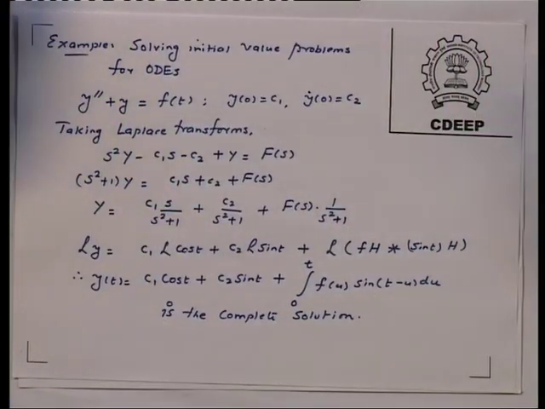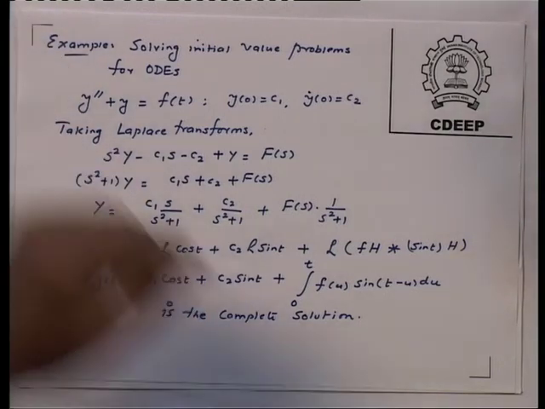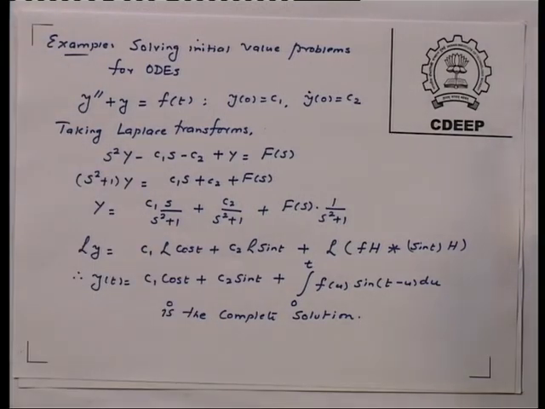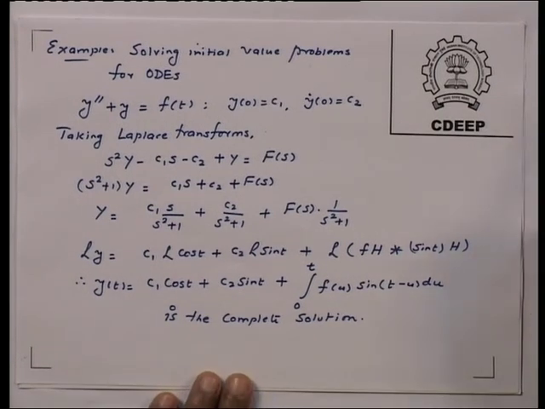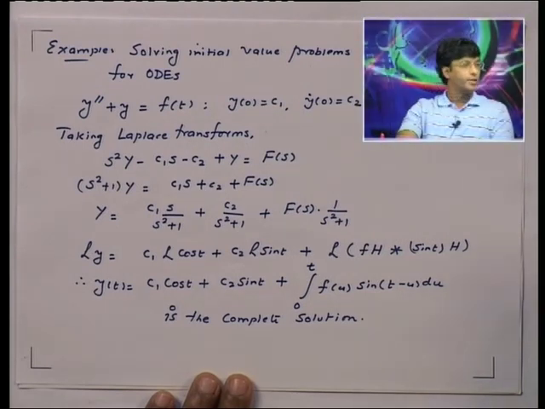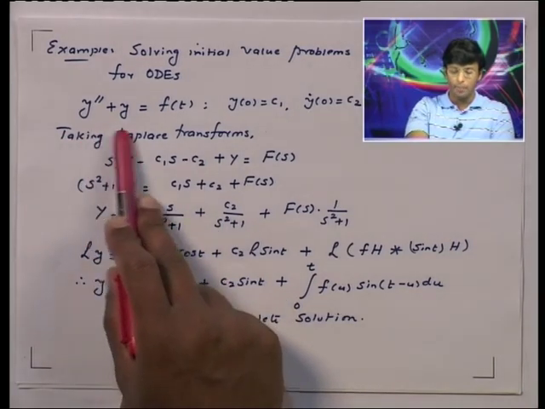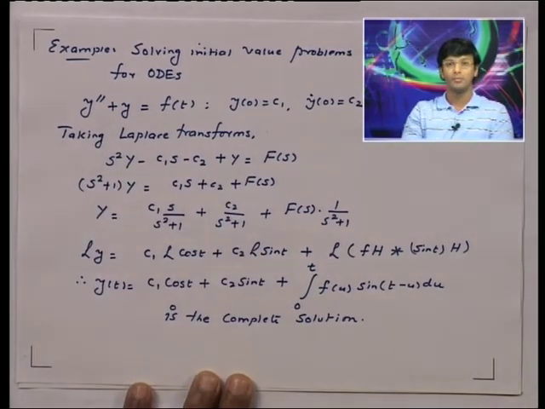All right. Now, how do convolution theorems help us solve initial value problems for ODEs? Take the simple example y double prime plus y equal to f of t. This we did not discuss yesterday in the tutorial. I said we will do it after the convolution theorem. So here it is. y of 0 is C1 and y dot of 0 is C2. Take the Laplace transform of the differential equation.